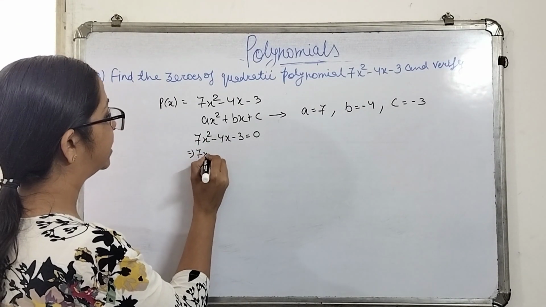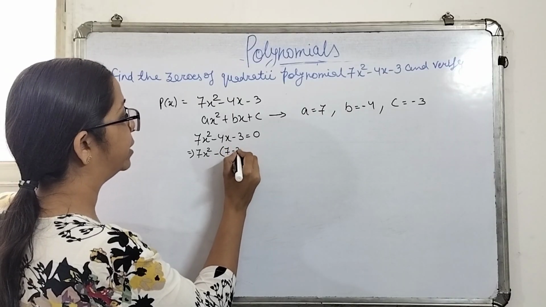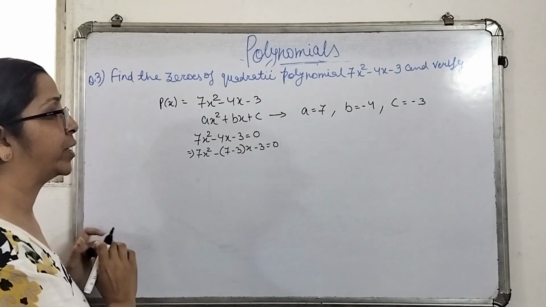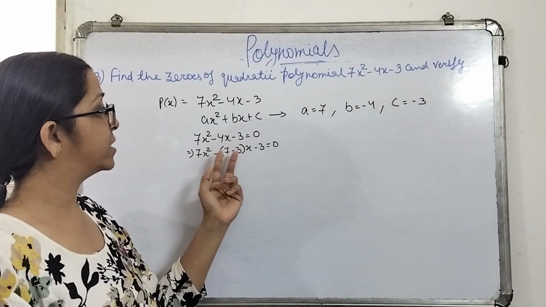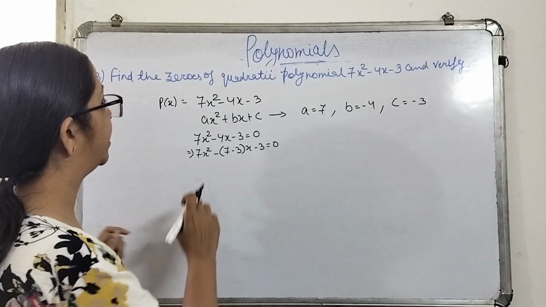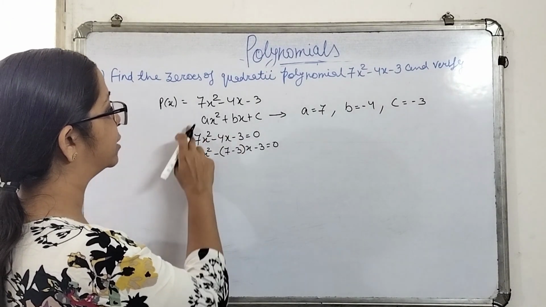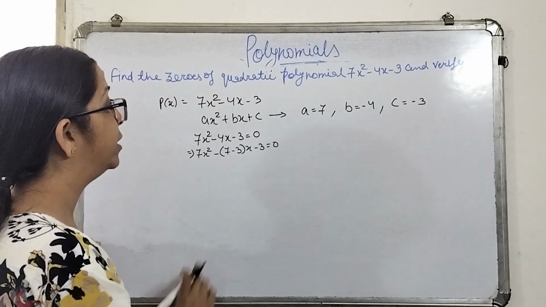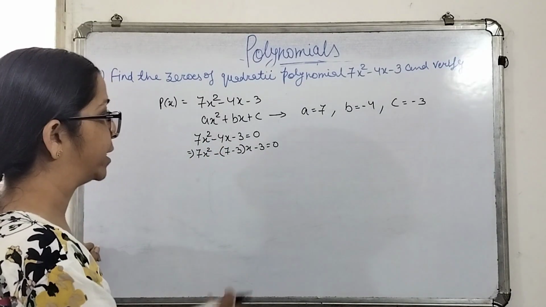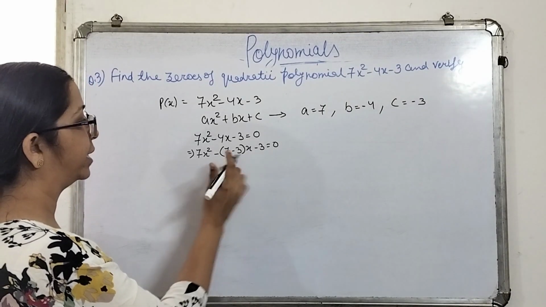We have to split minus 4x into two parts such that the sum of these two should be equivalent to minus 4x and the product should be equivalent to the product of the first and third term. That is 7 into minus 3, that is minus 21 x square, should be the product, and the sum should be equivalent to minus 4x. So we have written it as minus 7x plus 3x.